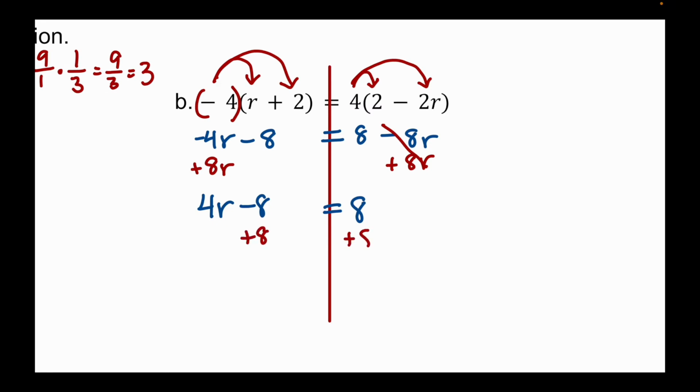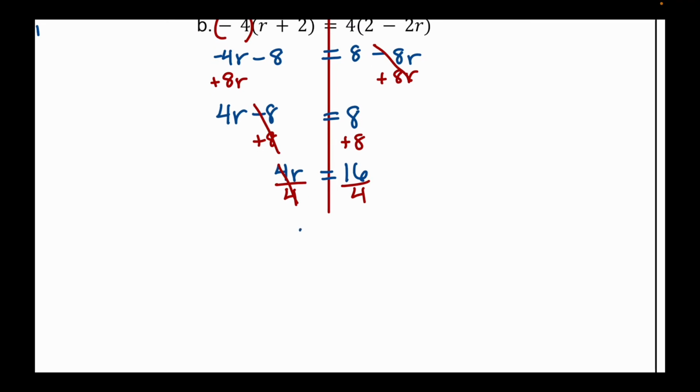Add 8 to both sides. That will cancel here. So you'll have 4r is equal to 16. And last step is we will divide both sides by 4 and have that r is equal to 4, because 16 divided by 4 is 4.